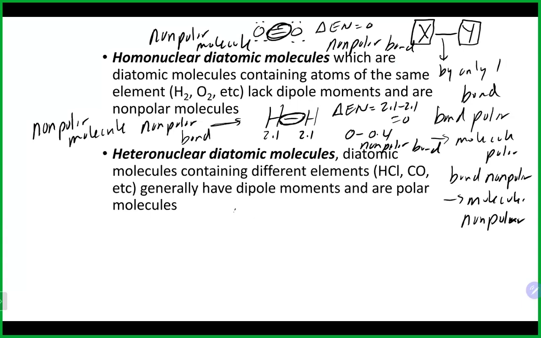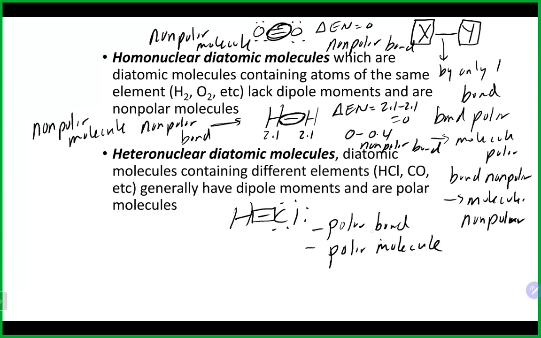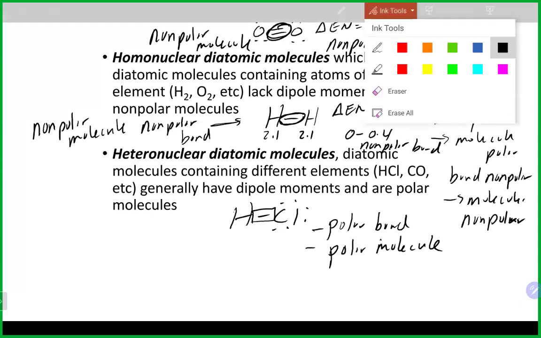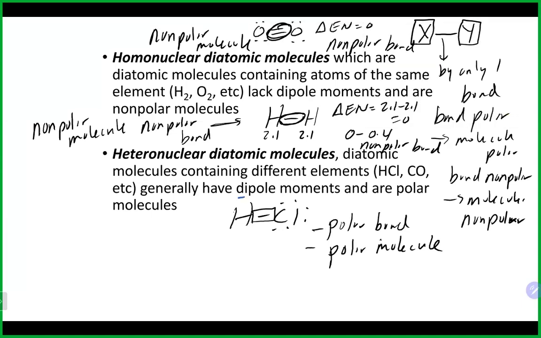Now, if I had something like HCl, this bond between hydrogen and chlorine is a polar bond. And because, again, this is the only bond that we see in this molecule, this would also make this a polar molecule, where our dipole moment will go in this direction, heading towards the more negative side of the molecule.